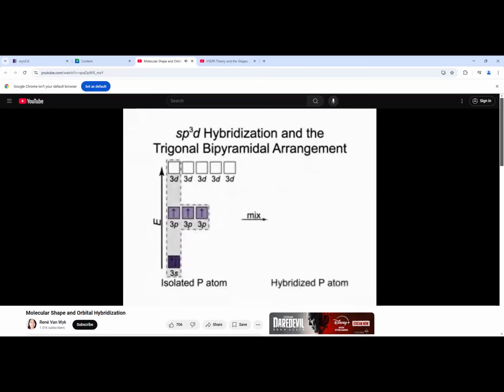In PCl5, the 3s, all the 3p's, and one of the 5 3d orbitals mix to form 5 half-filled sp3d hybrid orbitals. The other 4 3d orbitals remain empty and unhybridized.